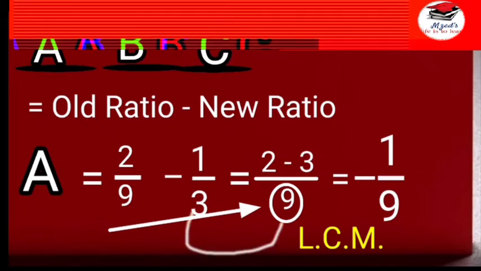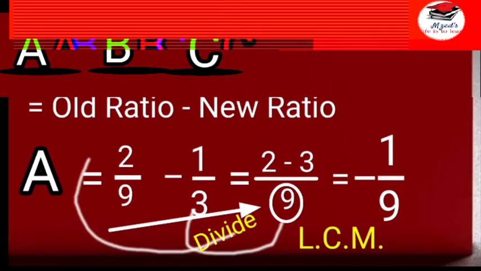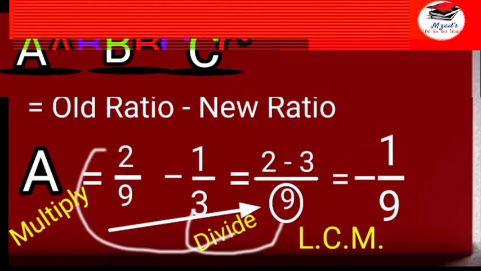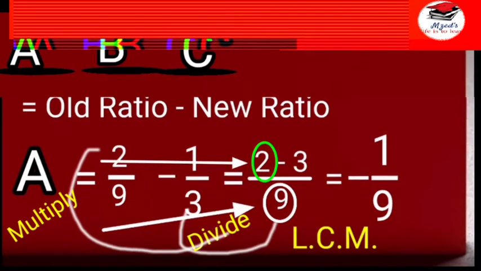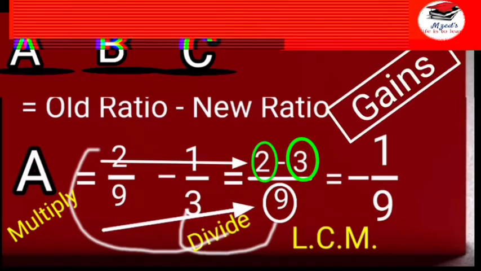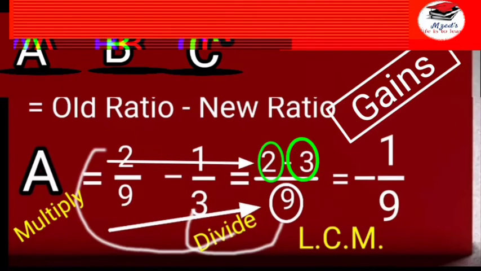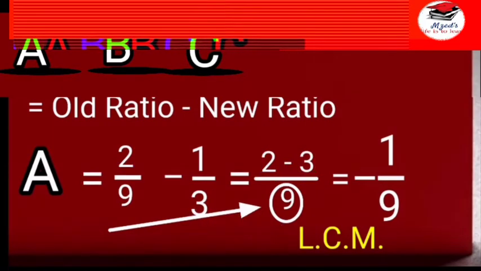First we divide the denominator into the LCM, and the result is multiplied by the numerator, that is 2 in the first case, and in the second case it is 3. So the answer will be 2 minus 3, that is the gaining ratio. So A gains 1/9 share.